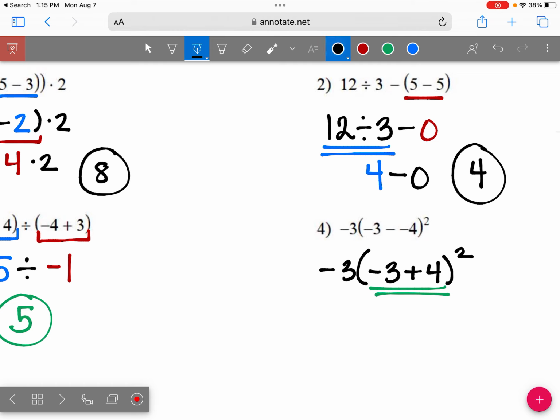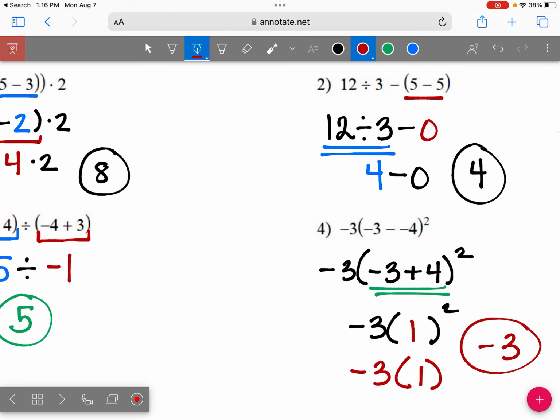Good. And now you're going to square 1. You got to do your exponent. 1 squared means 1 times 1. And 1 times 1 is 1. Good. And then your last step is to take negative 3 times 1. So that would be a negative 3. And that is your final answer.